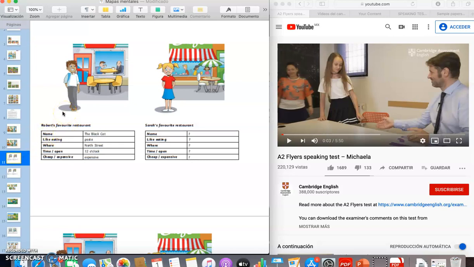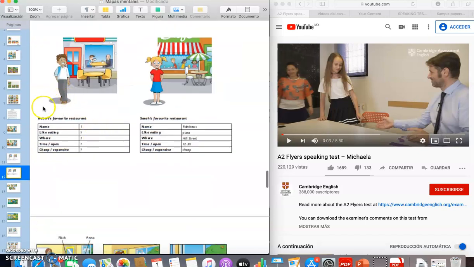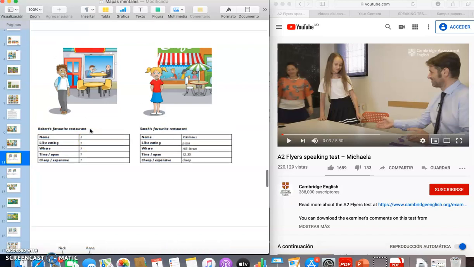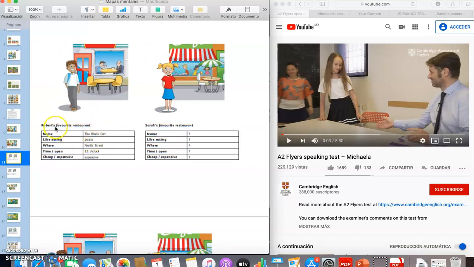For example, he doesn't have the information and he will ask, what's the name of Robert's favorite restaurant? You have that information and you will answer. Robert's favorite restaurant's name is the Black Cat.